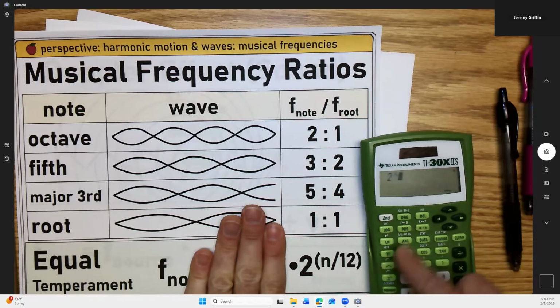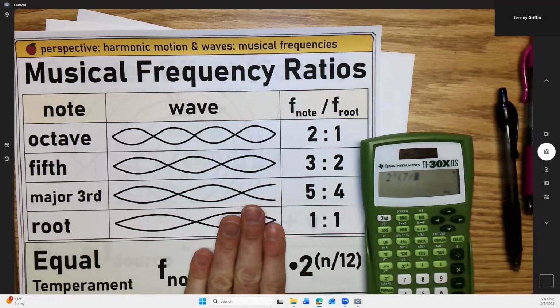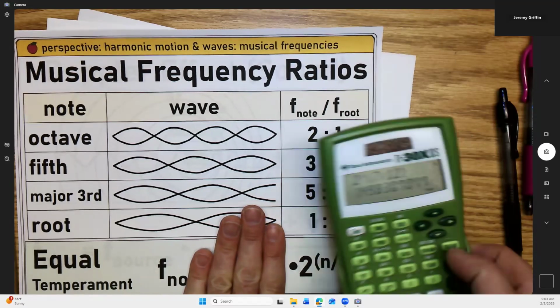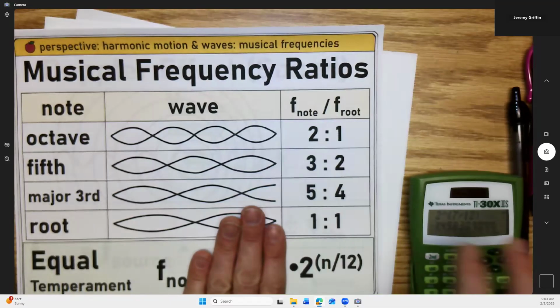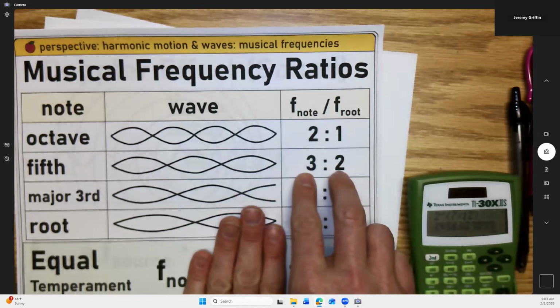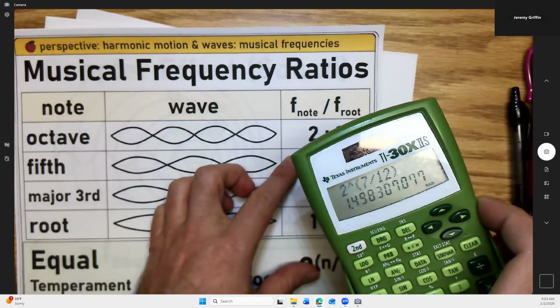Everybody type 2 to the power of, and then parentheses 7 over 12. That should be the perfect fit. And what does that say right there? 1.498. Ooh, guys, what is the ratio of 3 to 2? 1.5. Yeah, 1.5.